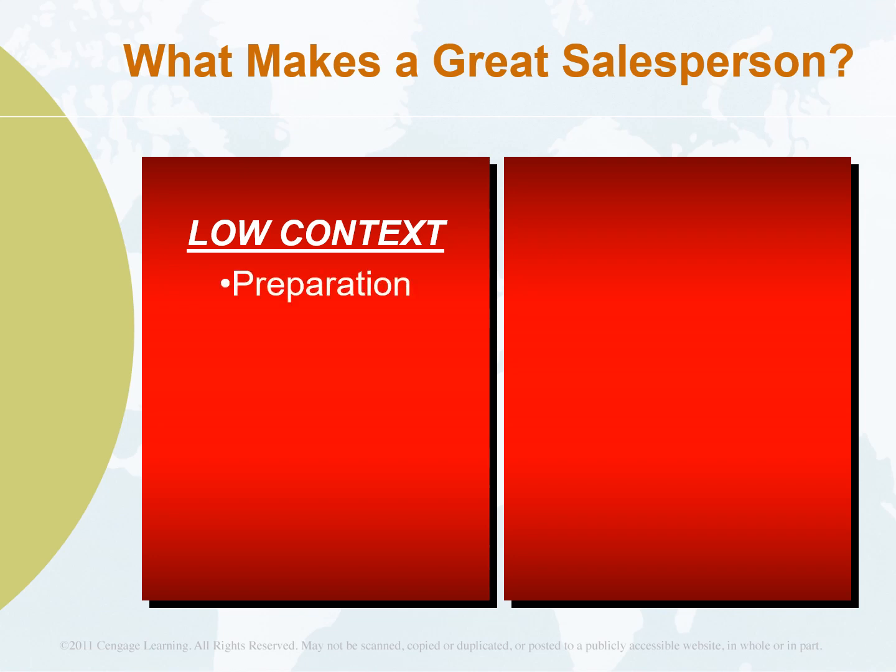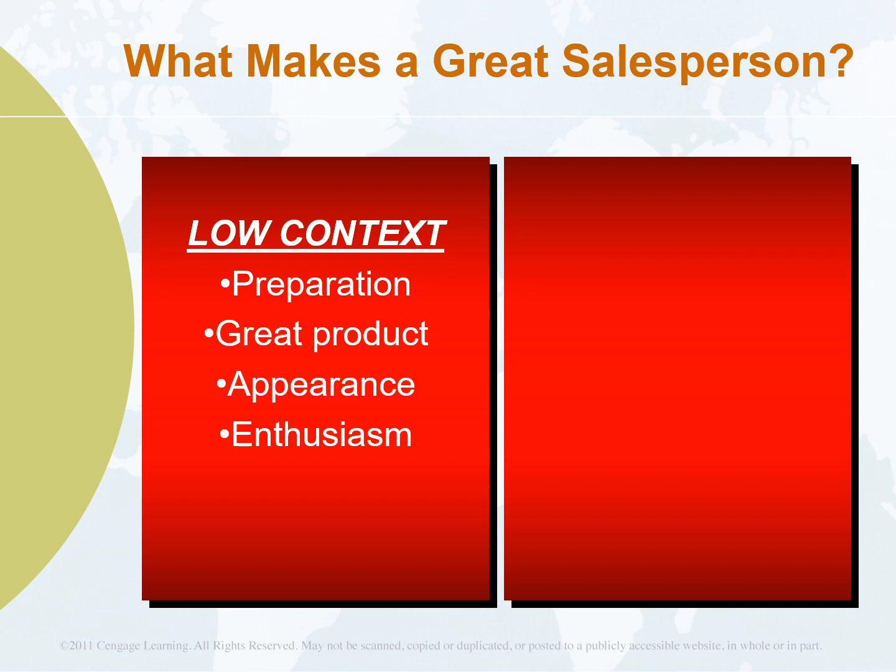There's a high context versus low context society. In a low context society, preparation is key. Preparation is important for a great salesperson. A great product is important for them. The appearance of a salesperson is important. The enthusiasm of a salesperson is very important.